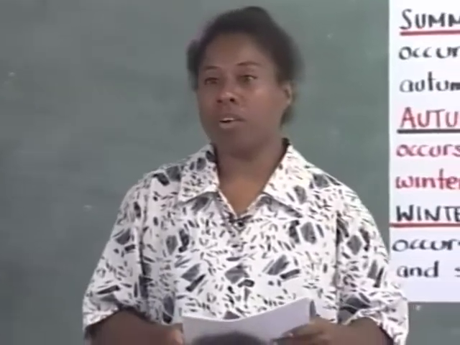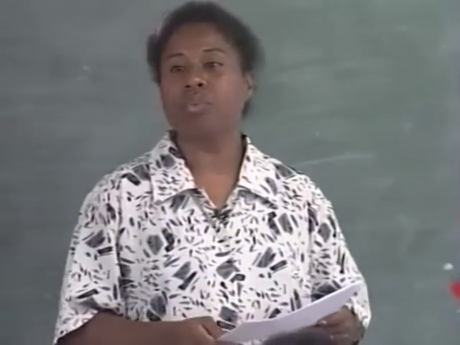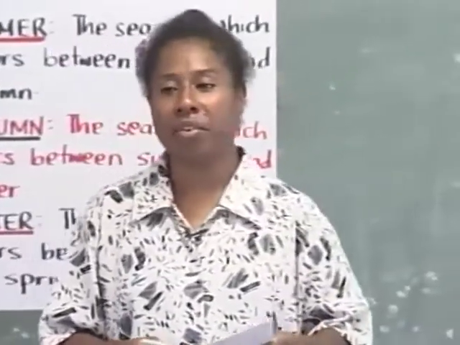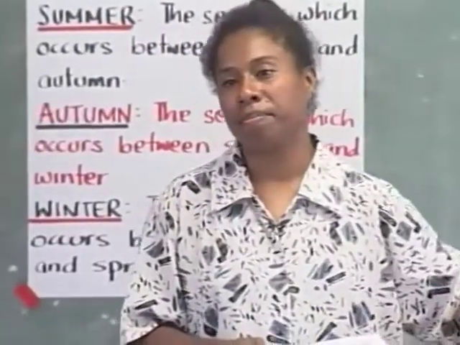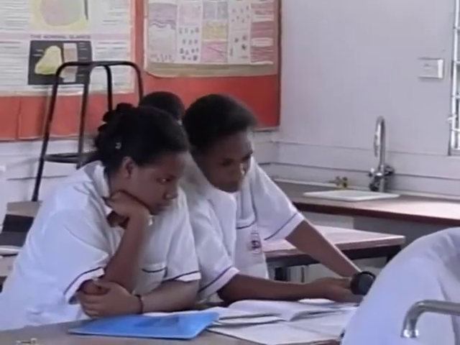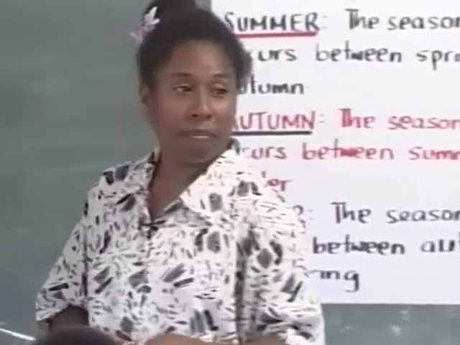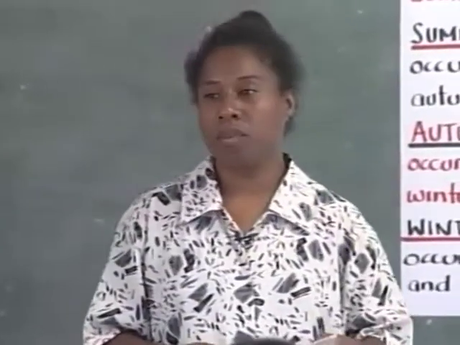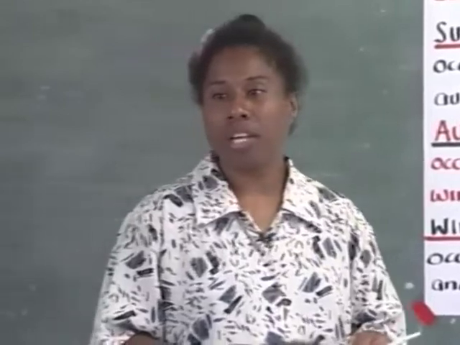What is the term that we use to describe the time when the sun is directly above the equator? Equinox. That's correct. Dorothy, the seasons which occur during this particular time, the equinox? Autumn and spring.